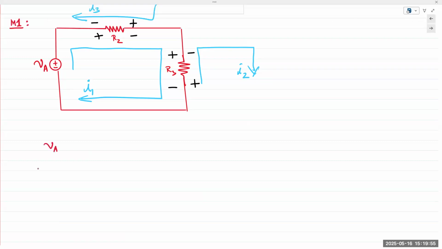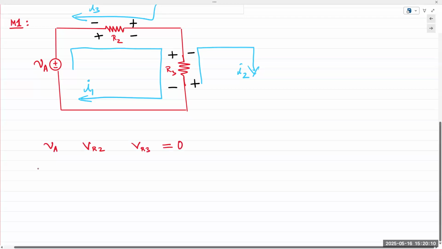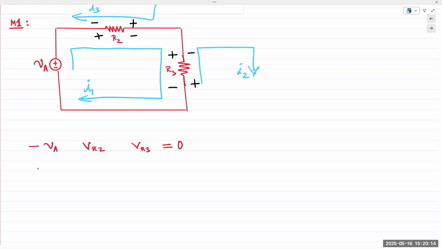I have VA, then I have VR2, and I have VR3, and they should all sum up to 0. The way I apply KVL, I sum up the voltages in a clockwise direction. So I'm going to write minus VA plus VR2 plus VR3. Okay.